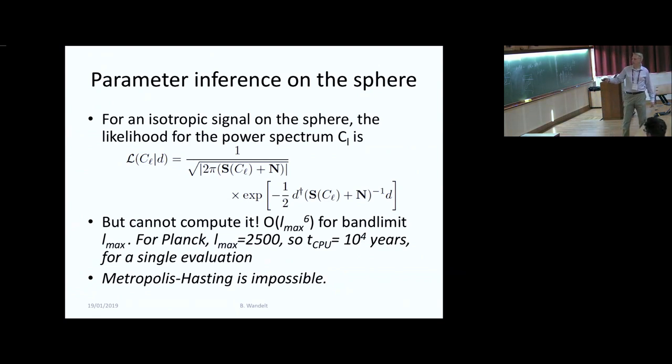Even if it's just a million, you can do a quick calculation that it takes about 10,000 CPU years to evaluate this once. So you cannot evaluate it, even though it's just a simple determinant, but determinants scale like n cubed, where n is the number of pixels. So Metropolis Hastings is impossible.